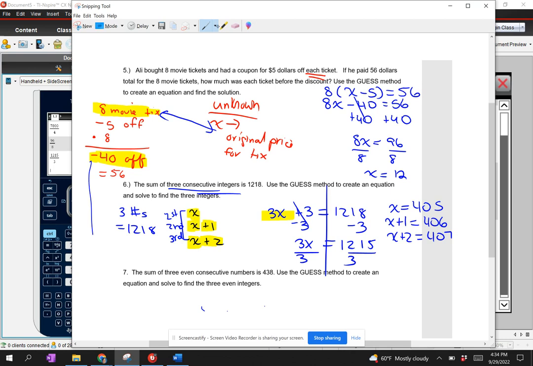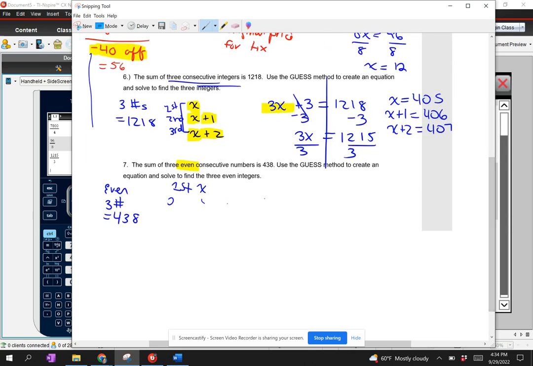Now, since this one says even, I know we're going to be skipping numbers. I know we're going to have 3 numbers, and I know it's going to be 438. So my first number is always going to be x. Since we're skipping numbers, my second one will be x plus 2.